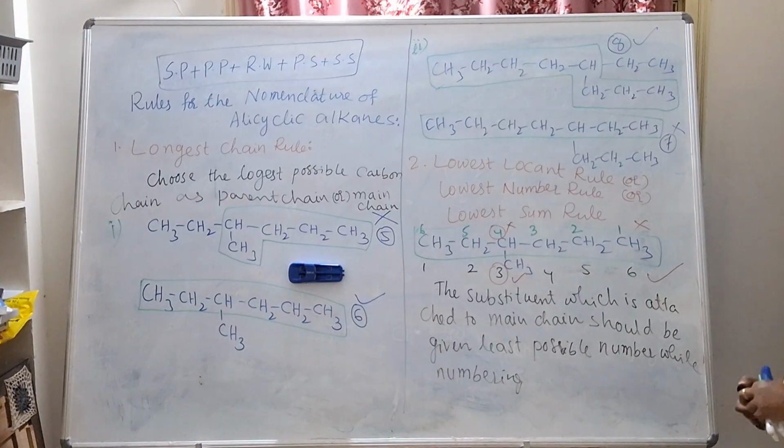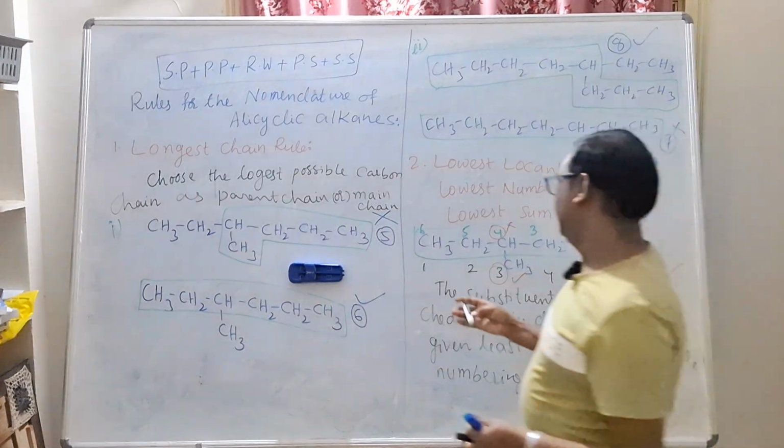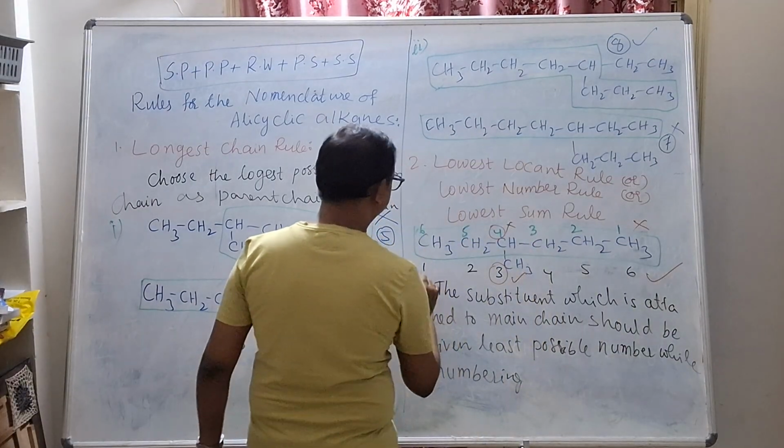If more than one substituent is there, this is case 1, we can say here least possible number, this is first one.